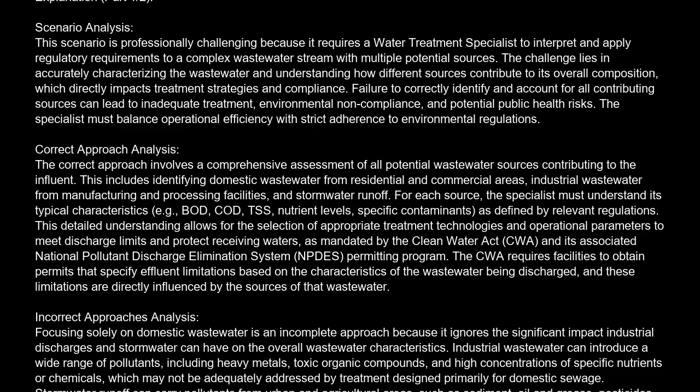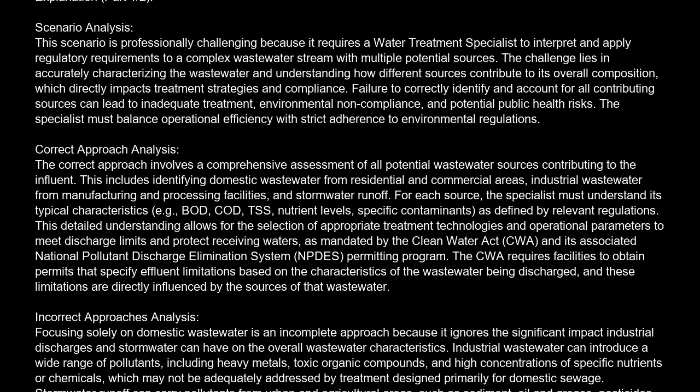This detailed understanding allows for the selection of appropriate treatment technologies and operational parameters to meet discharge limits and protect receiving waters, as mandated by the Clean Water Act (CWA) and its associated National Pollutant Discharge Elimination System (NPDES) permitting program. The CWA requires facilities to obtain permits that specify effluent limitations based on the characteristics of the wastewater being discharged, and these limitations are directly influenced by the sources of that wastewater.